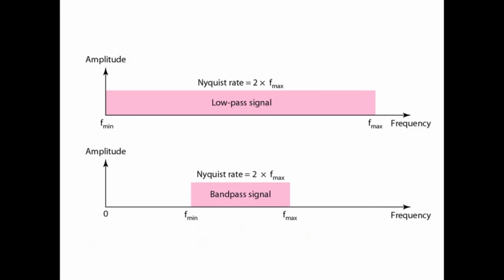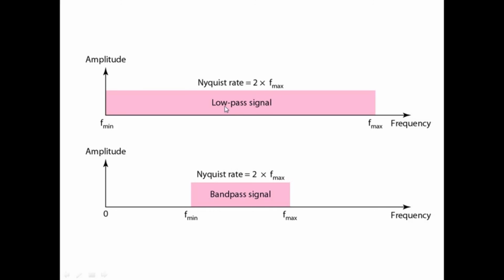Here we have two types of signals. The first is the low pass signal and the second is the band pass signal, and the sampling theorem is applicable only for these two types of signal. It means these two types of signal are bounded by frequency limits, having both a minimum and a maximum frequency limit.